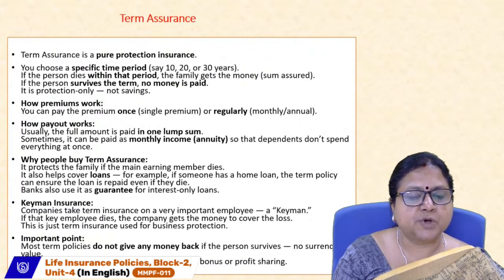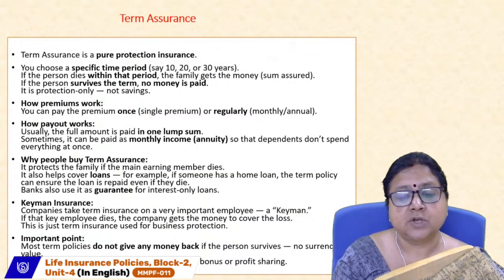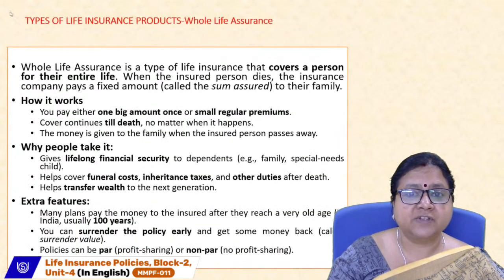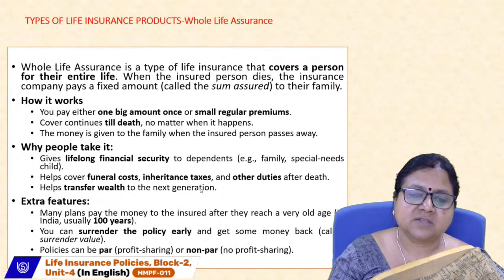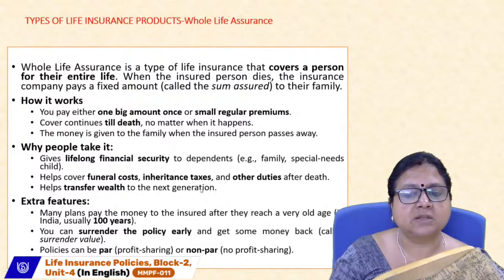And most term policies do not give any money back if the person survives. That means there is no surrender value. In case of a whole life assurance, you have a surrender value. You can surrender your policy and get some money back.